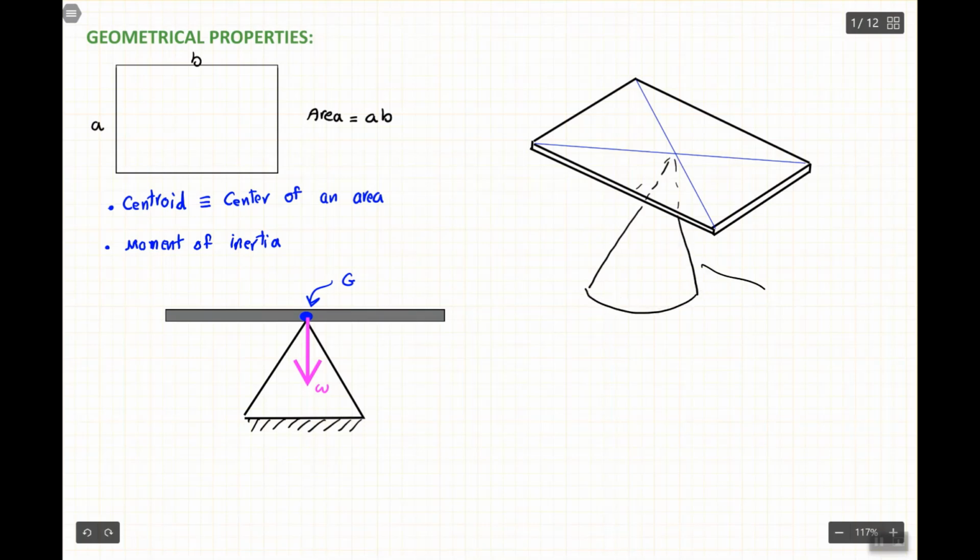If we try to put it on a cone, then we can assume that this point is the center of mass for this plate.